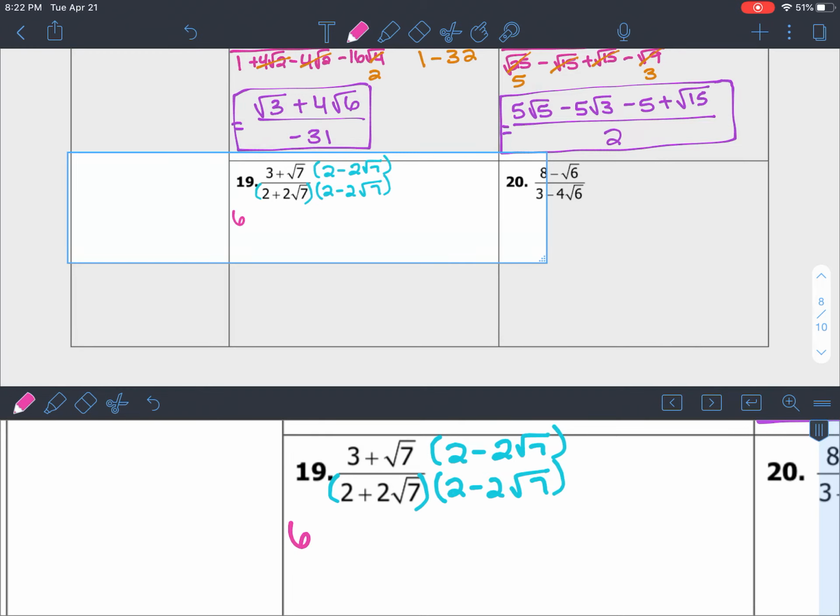So on top, we're going to have 6 minus 6 the square root of 7. I need to make this a little bit smaller. Plus 2 the square root of 7, I'm sorry, minus 2 the square root of 49.